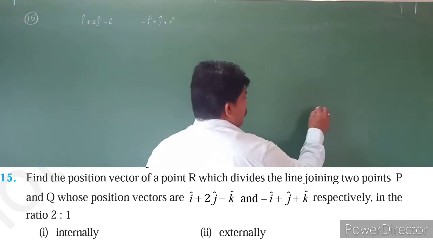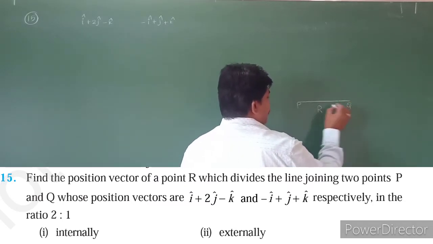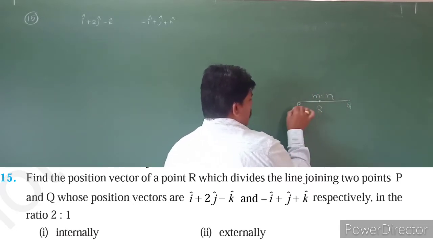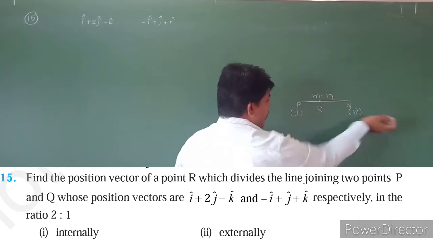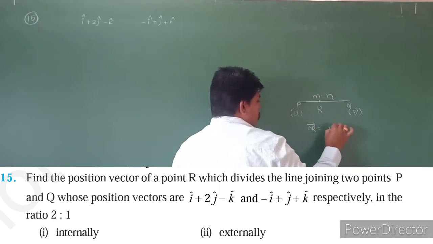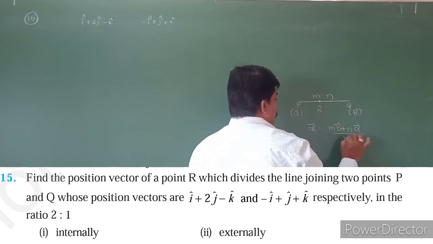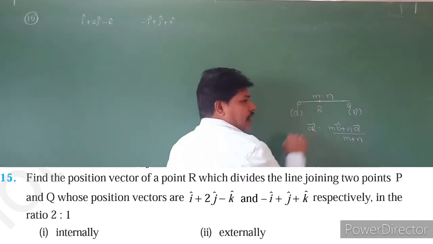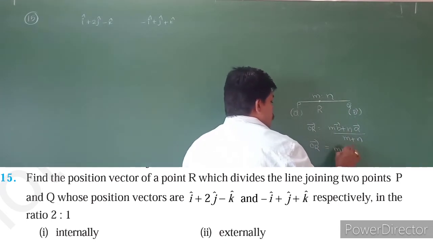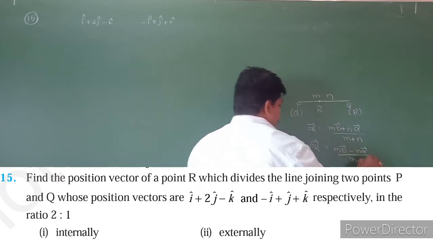If R divides PQ in the ratio m:n, with position vectors A bar and B bar, then OR bar, the position vector of R, is equal to mB bar plus nA bar by m plus n if it is internal, and externally OR bar is equal to mB bar minus nA bar by m minus n.